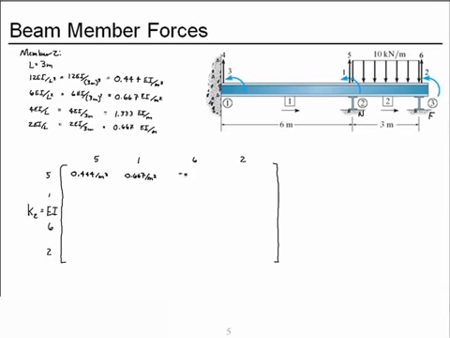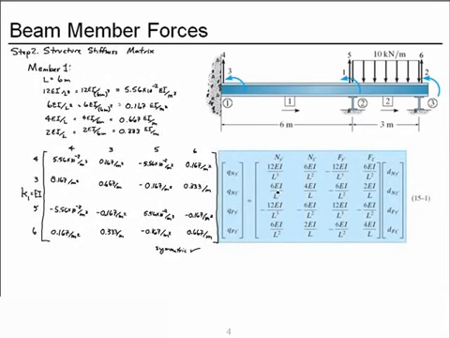Then we'll take a minus that term and a positive of that term again. Then our next row, 6EI over L squared, 4EI over L, a minus the 6EI over L squared, and then the 2EI over L.